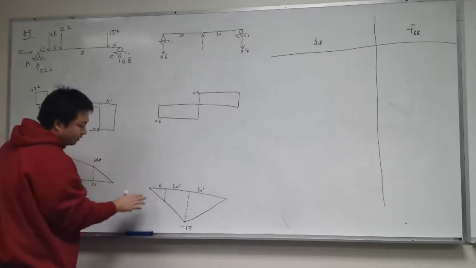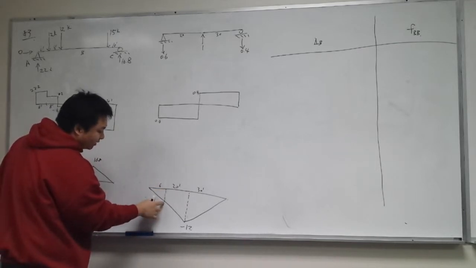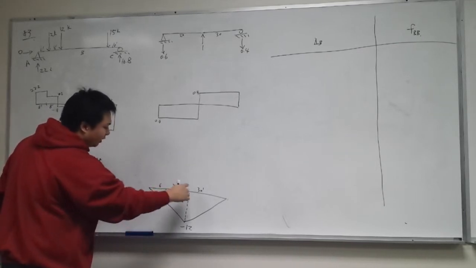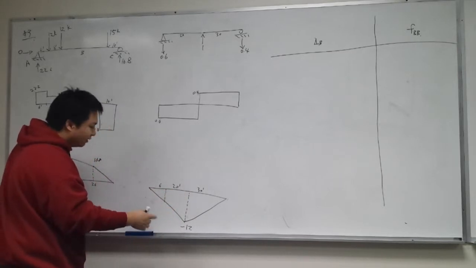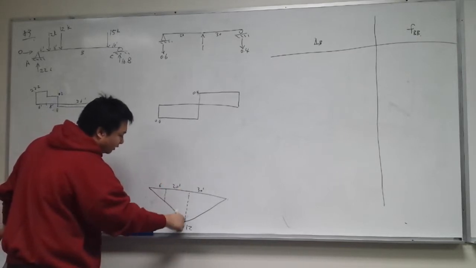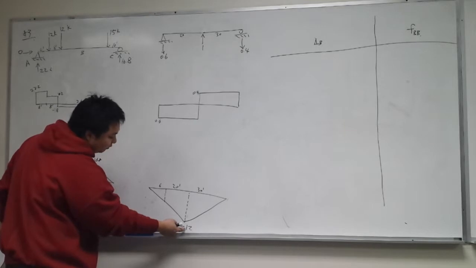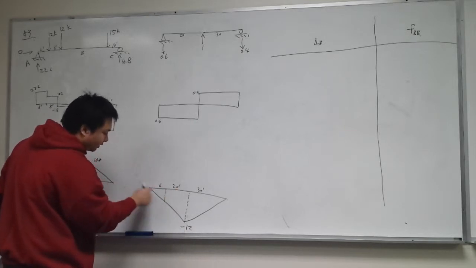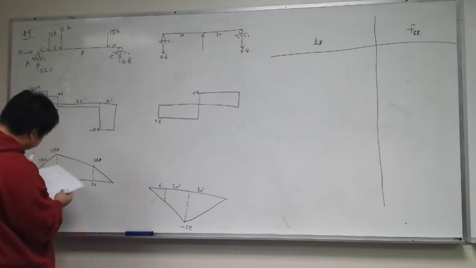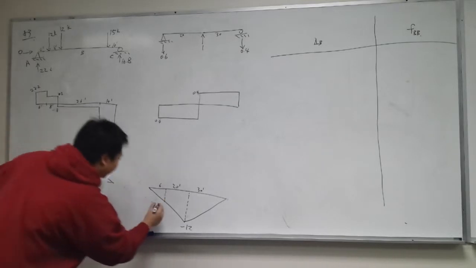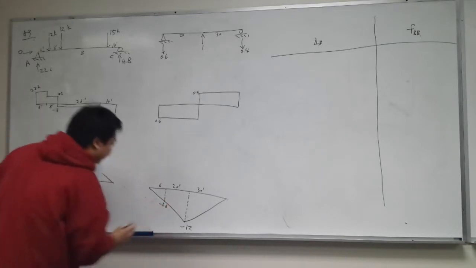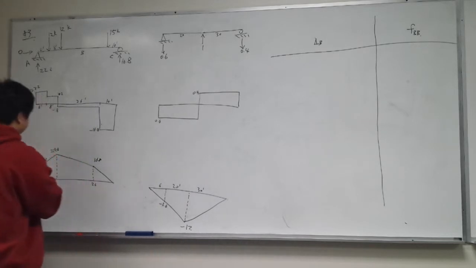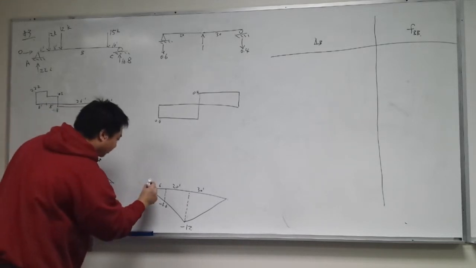You draw 6 feet, you find this point. Similar triangle. This over this, because you have negative 12 here, so this over this is equal to this over this, so you can find this point. You're going to have negative 3.6.